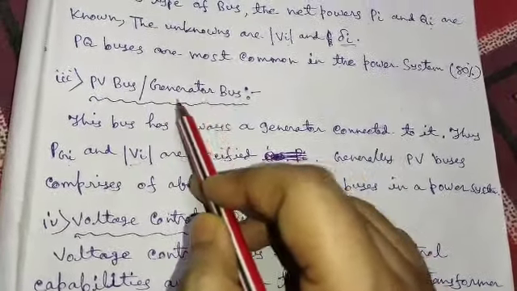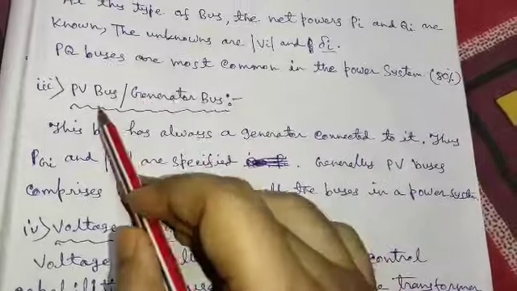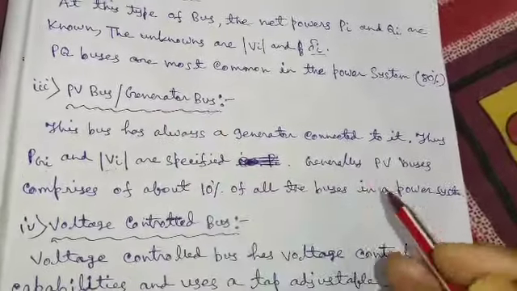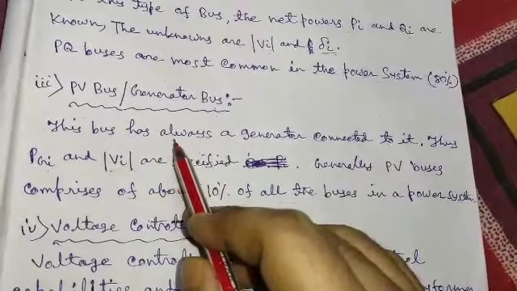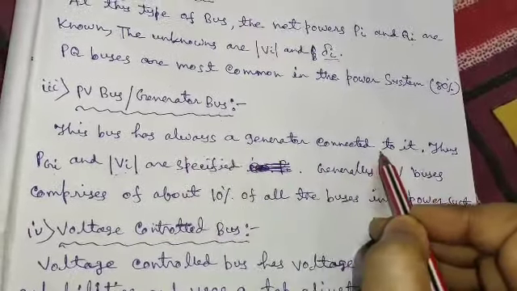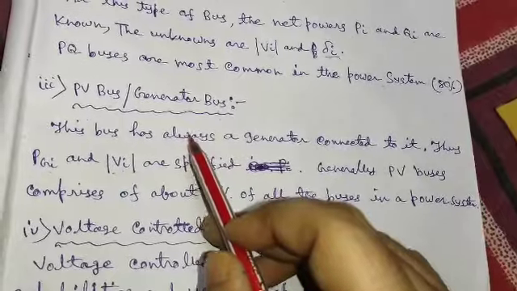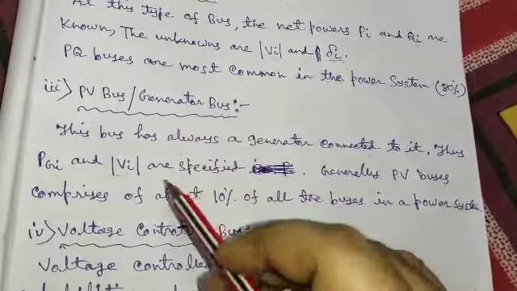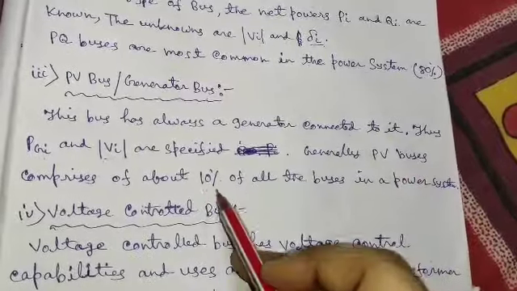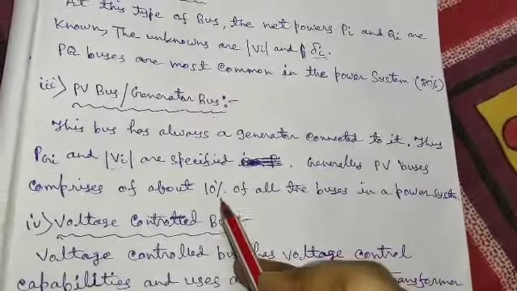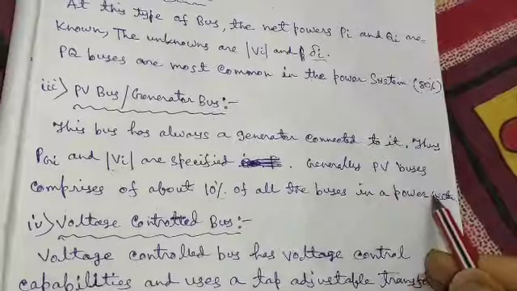Why is the PV bus called a generator bus? Because a generator is always connected to this bus. Basically the PV buses comprise about 10% of all the buses in a power system.